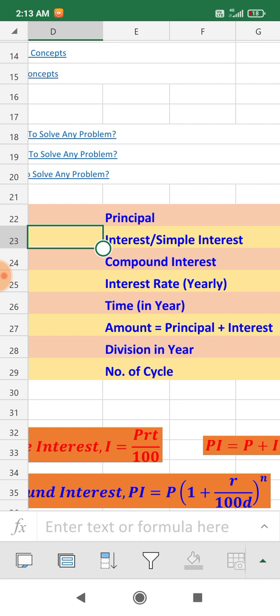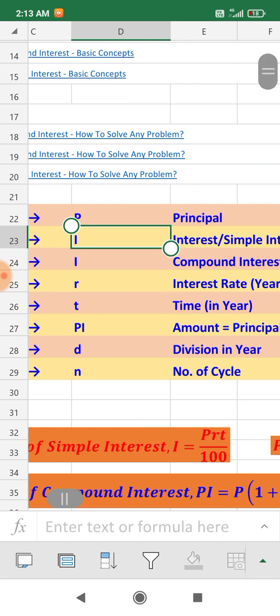If it is written interest only, neither simple nor compound, then you have to understand this is nothing but simple interest. In case of compound interest, you must have to use this word compound. Okay?